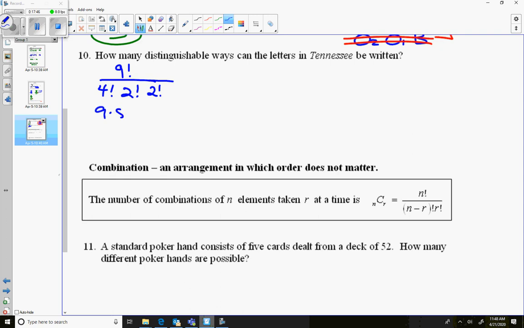So I got 9 times 8 times 7 times 6 times 5 times 4 factorial divided by 4 factorial, 2 times 1, and another 2 times 1. Cancel all that out. Do the math. Chances are you're punching that out in a calculator anyway, because this one won't be very easy math. And we end up with an answer of 3,780.